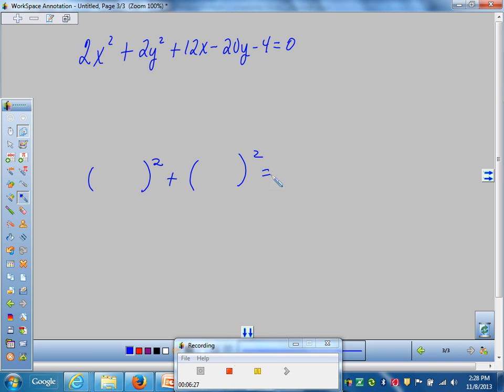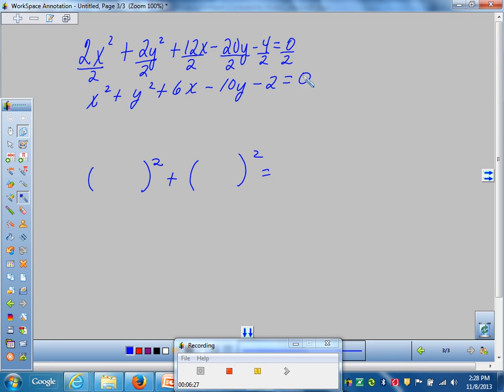So how do I get rid of the 2? We divide them. But if I divide those 2 by 2, I get to divide everything by 2. So now I'm going to be down to x squared plus y squared, 6x minus 10y minus 2 equals 0.